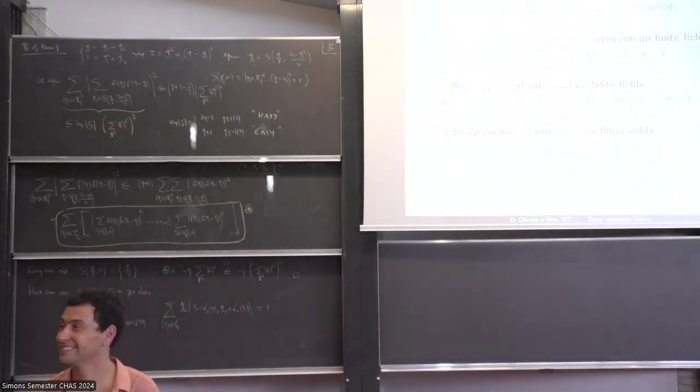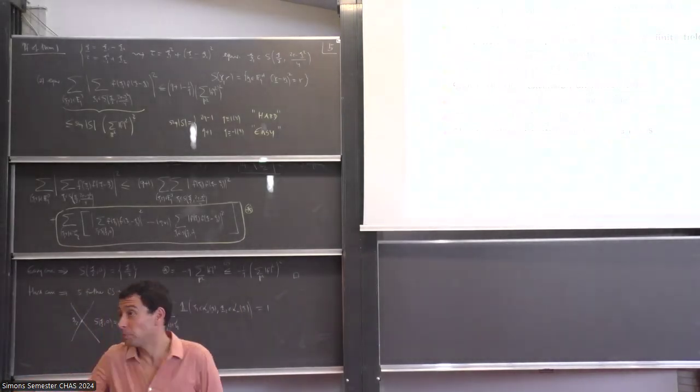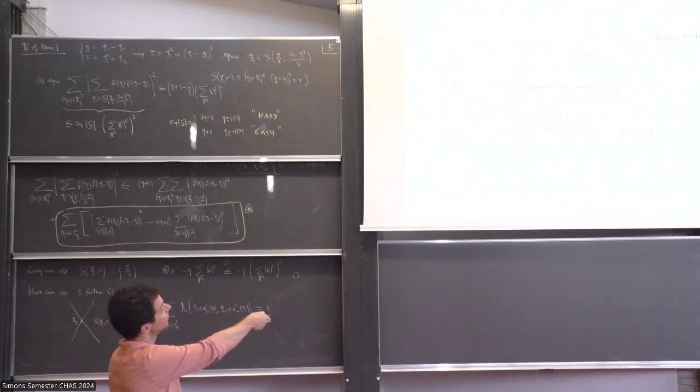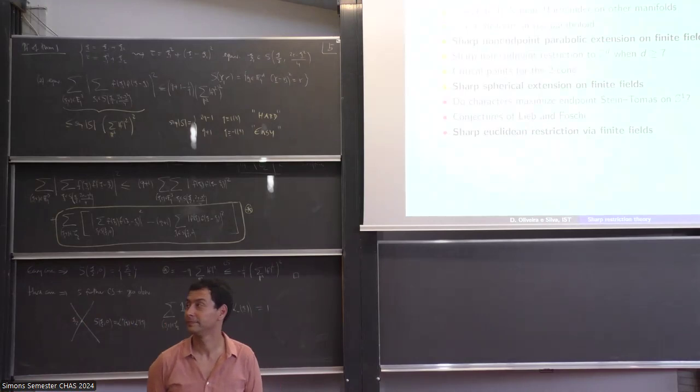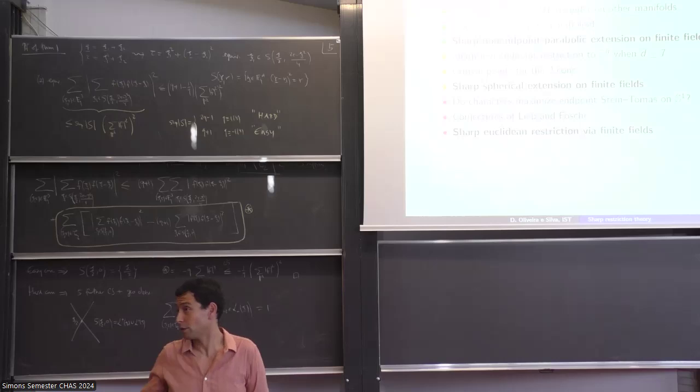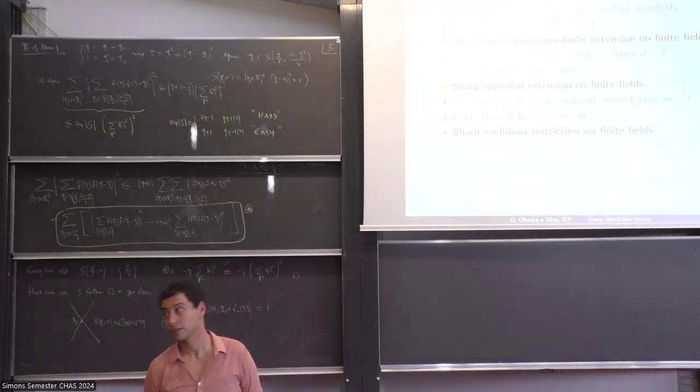Absolutely. That could be a transition from finite fields to the reals, from the reals to Euclidean. I don't know. In these counting properties, I think they're different. Now we don't have just a finite number of points anymore, there's a measure.